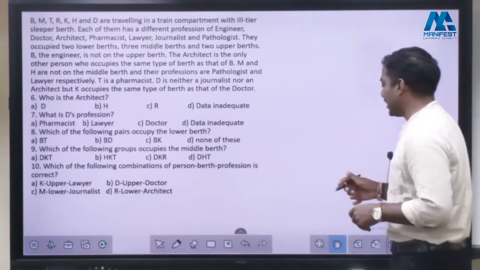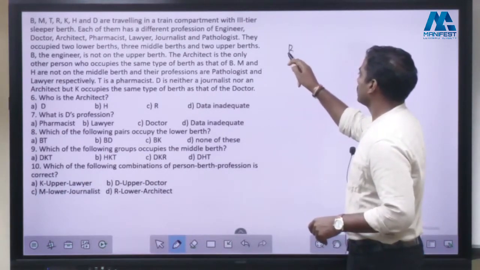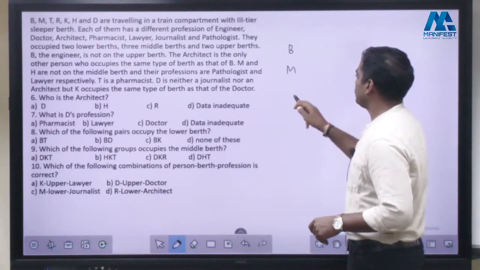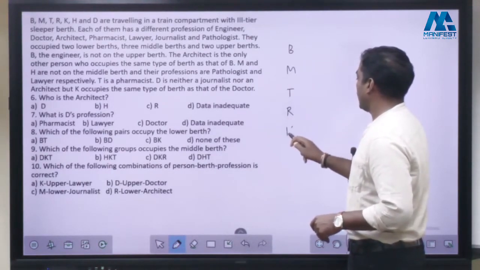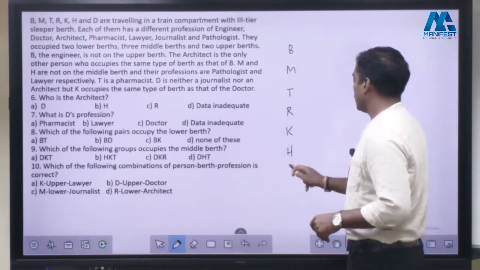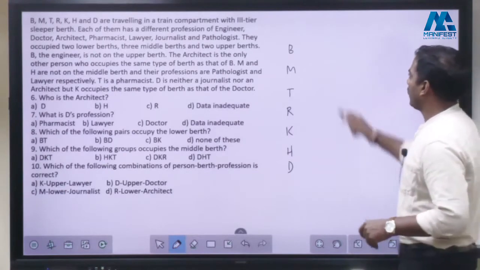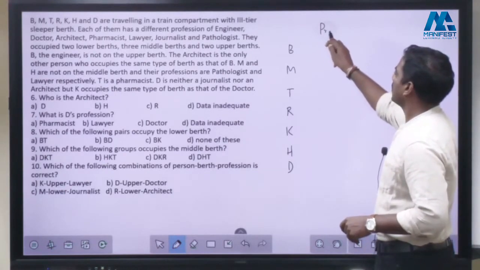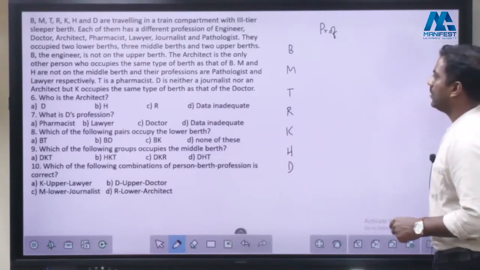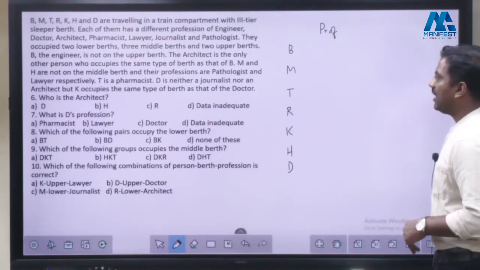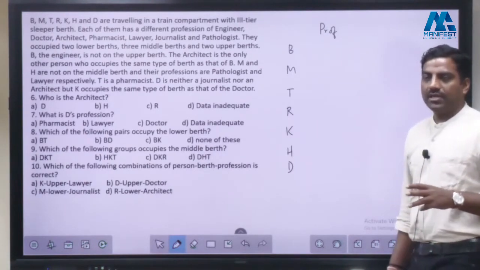These are the persons' names: B, M, T, R, K, H and D. And they have their own professions. They occupied 2 lower berths, 3 middle berths and 2 upper berths.